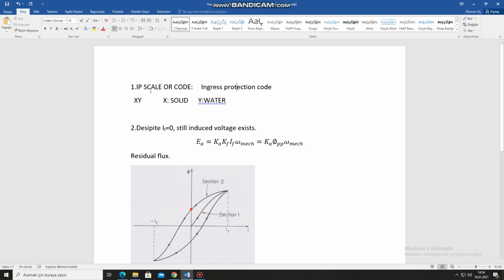For example, it consists of two numbers, IP XY. The first number shows the resistance of our DC machine or electrical machine against solid materials, and the second number Y represents the resistance of our DC machine against water intake, water ingress.